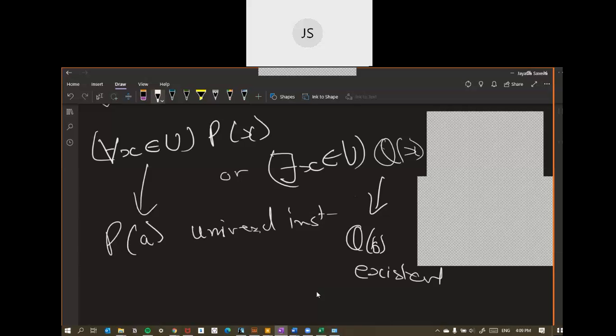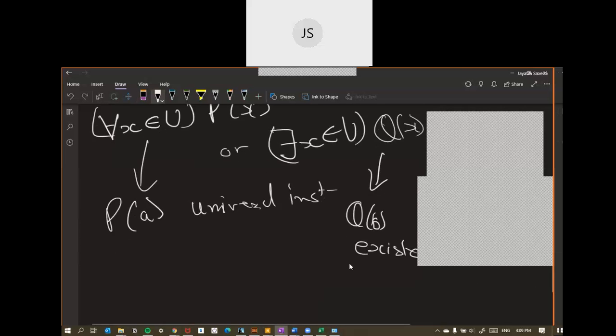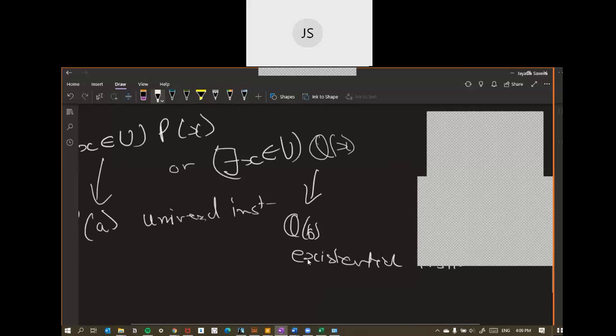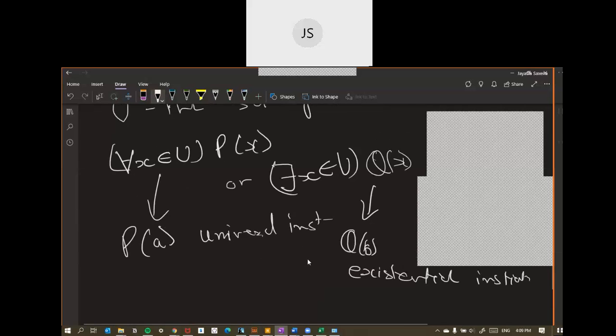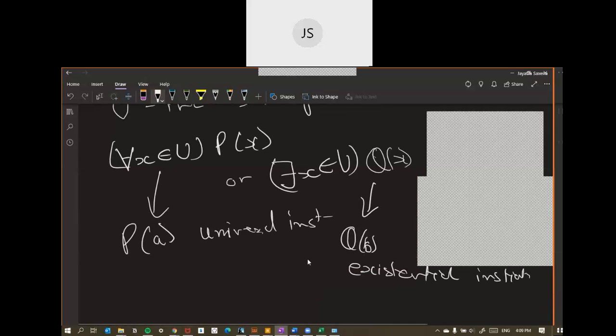existential instantiation. Now, what is the difference between universal instantiation and existential instantiation? This can switch value to anything. So if we have P(a) where we got a using universal instantiation, this can also imply P(b), because this is an arbitrary a and this is a specific b.